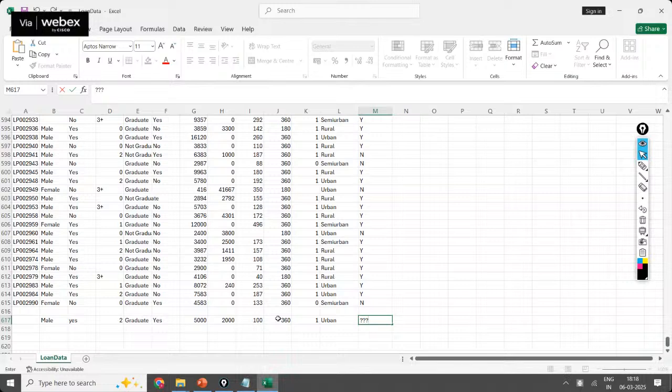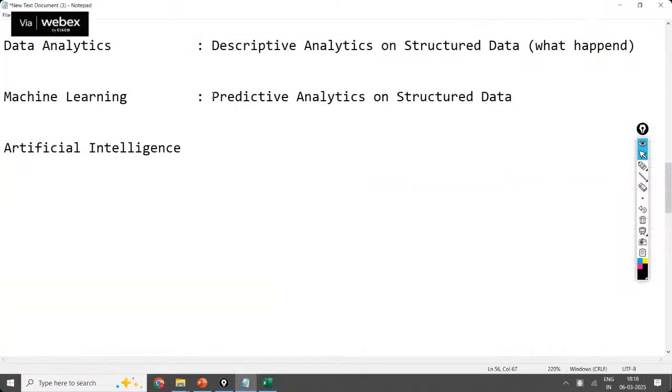Earlier, what you did was observe how many males received loans, how many females, how many from urban areas got loans, how many from rural areas. That is data analytics. Now, based on the past data, you are predicting on the future data. This is predictive analytics. The difference is clear: descriptive analytics versus predictive analytics.